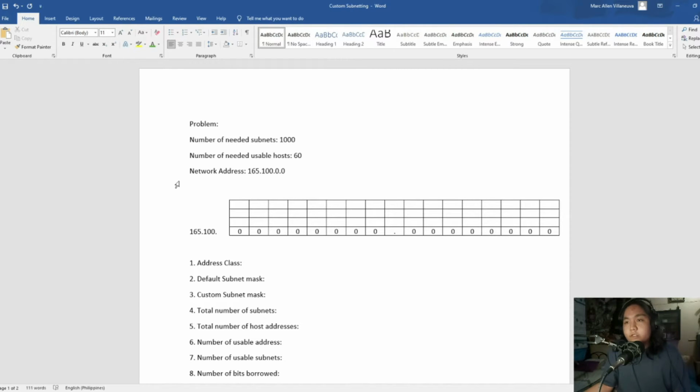Here we have our IP address or network address. The given is 165.100.0.0. With this given, we can already tell that our IP address is class B.